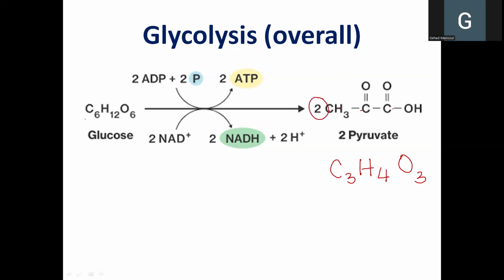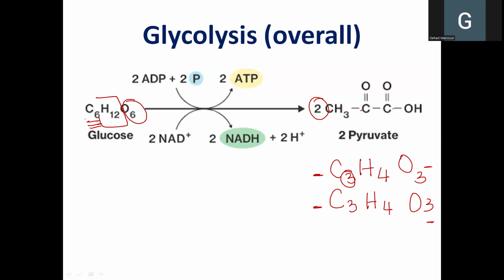The product is 2 pyruvic acid molecules, meaning that if you split the 6 carbon atoms into 2, you will have one molecule of pyruvic acid having 3 carbons and another molecule having 3 carbons. And if you split the oxygen in glucose into 2, you will have 3 oxygen and 3 oxygen.